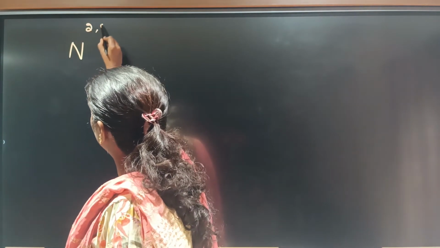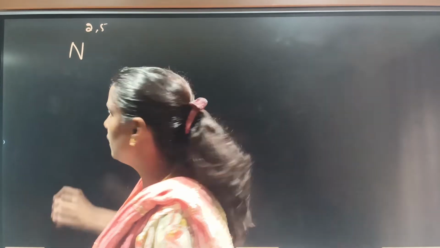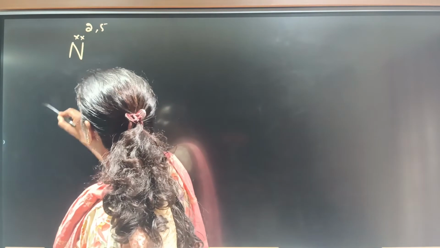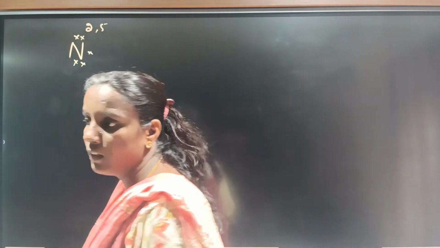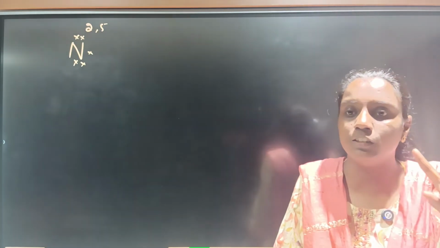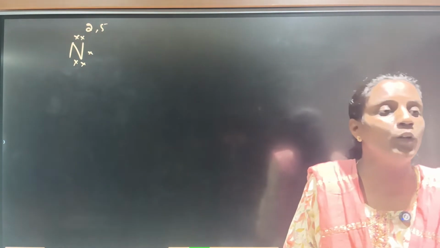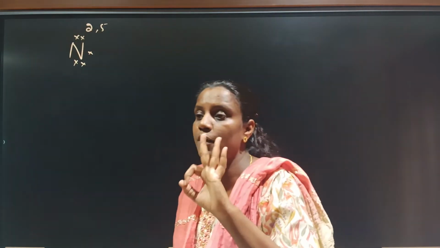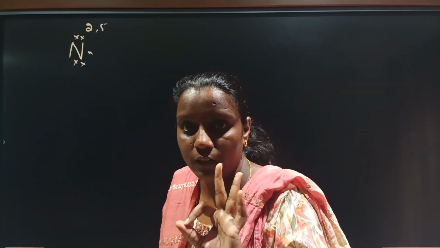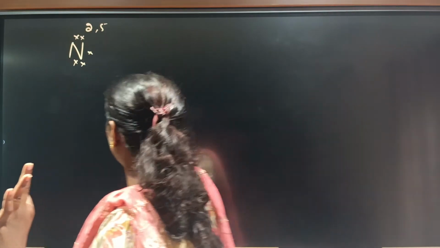So 2, 5 will be there. It means that when I write the dot structure, 1, 2, 3, 4, 5. So I am going to take 3 hydrogen atoms. Fine, 3 hydrogen atoms. I am going to write it here in the middle.